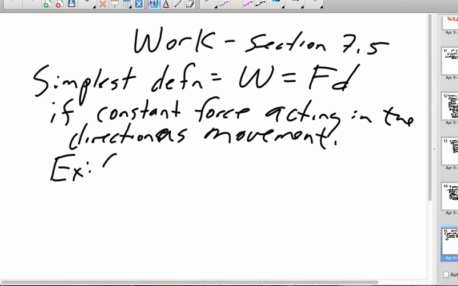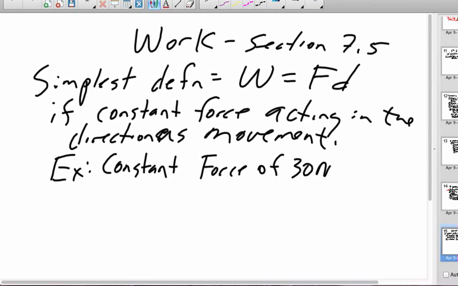So if I'm applying a constant force of 30 newtons. By the way, grams is not a force, it's a mass. To convert it, you have to multiply your mass times 9.8 meters per second squared.